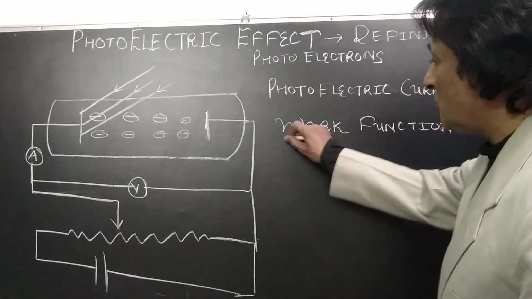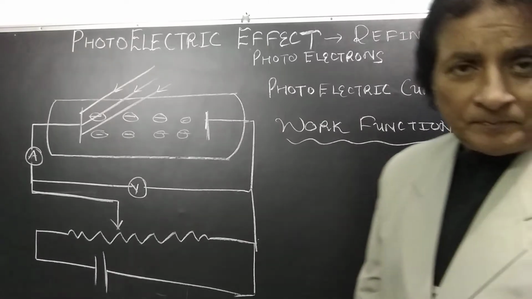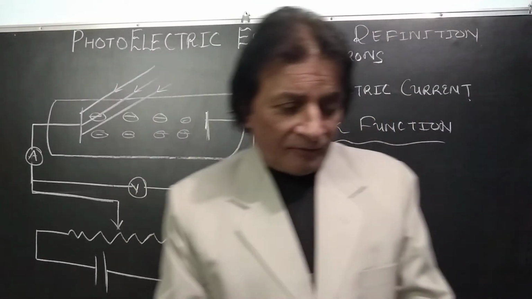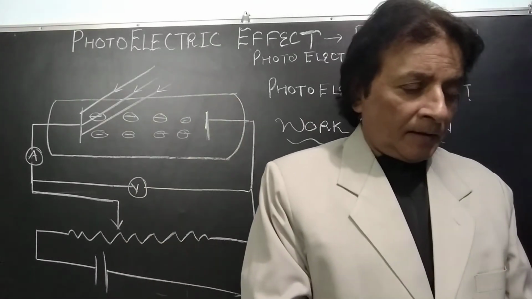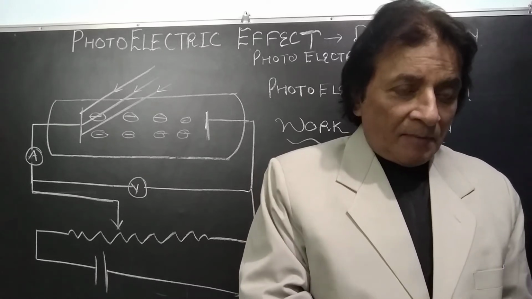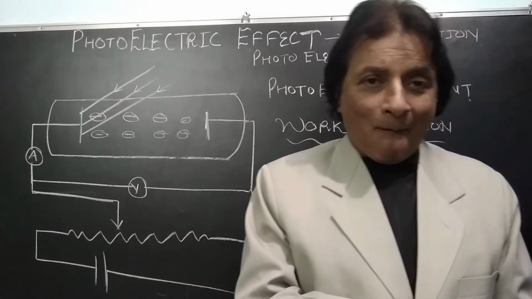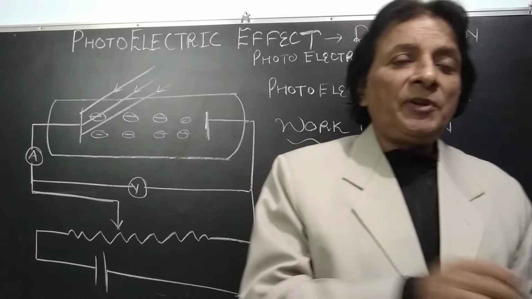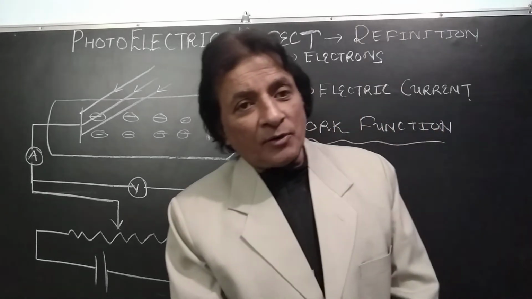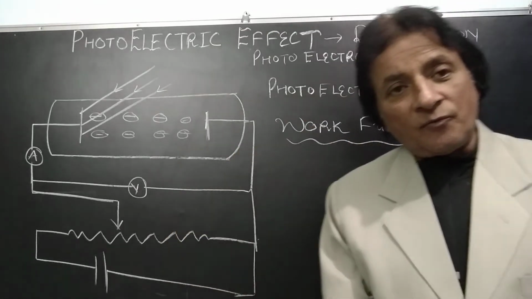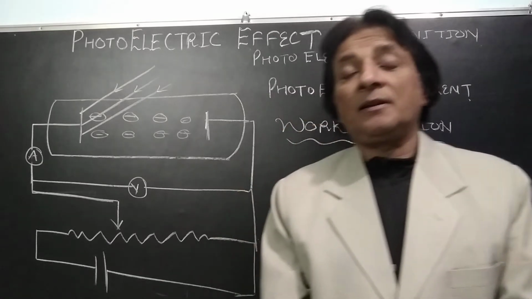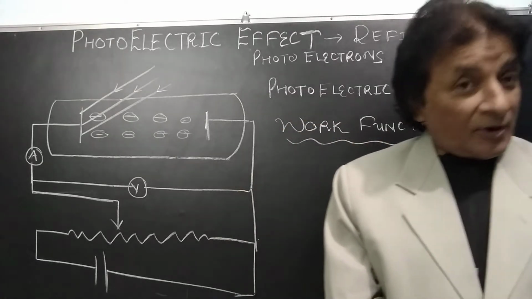Now I'm going to explain work function. What is work function? The minimum energy required to eject the most loosely bound electron on the surface of the photosensitive material is called work function.